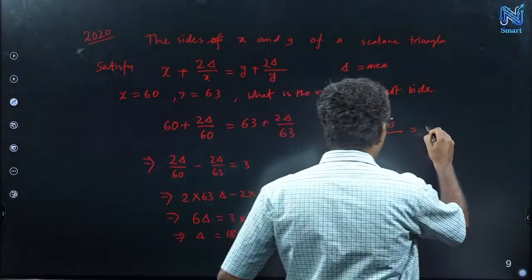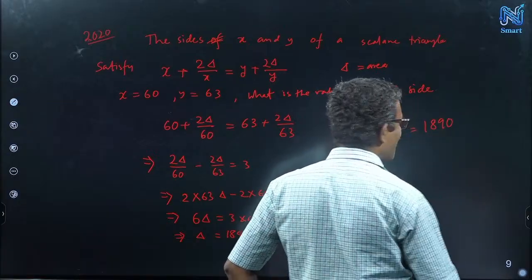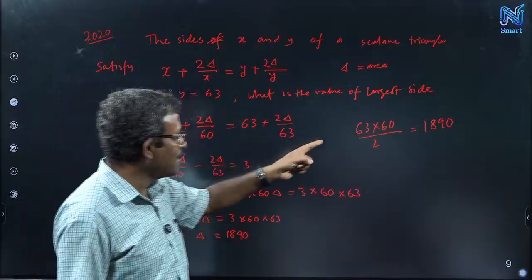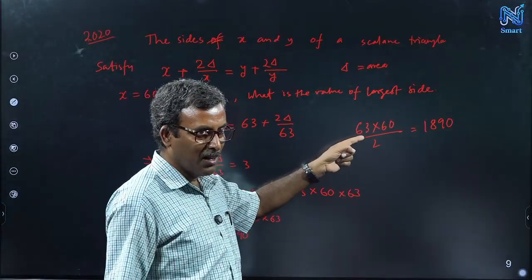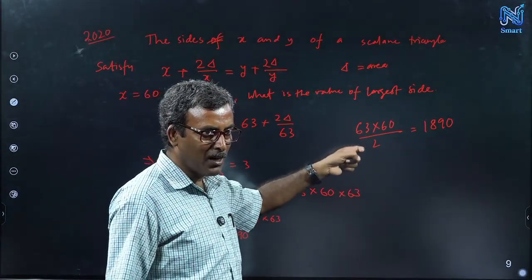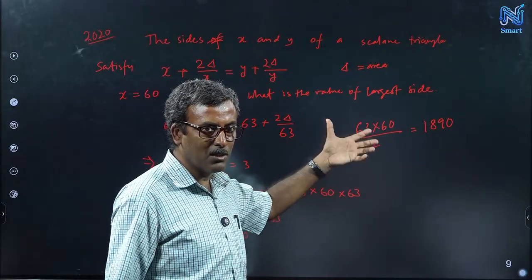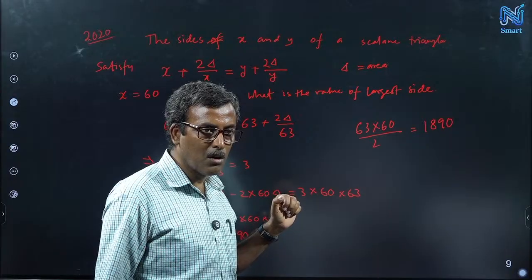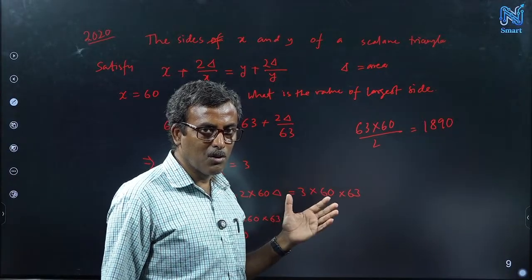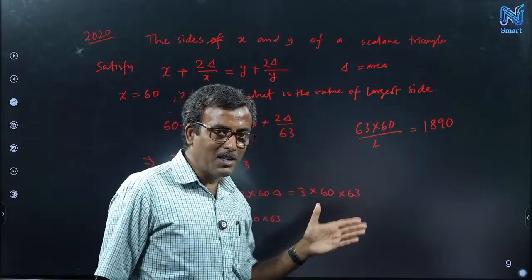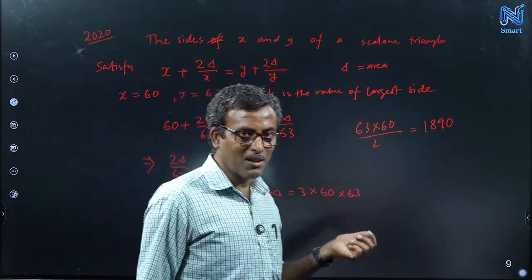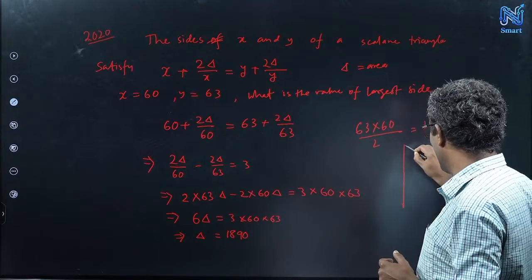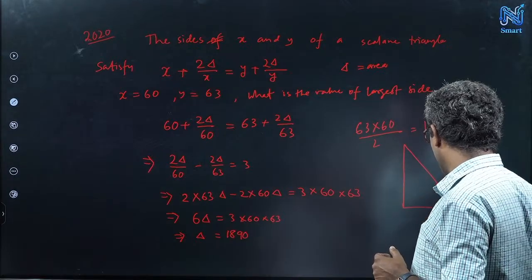So same. That means what? One side is 60, another side is 63, and the area is the product of these two sides by 2. That is the area. Then what is the meaning of that? Correct, it is a right angle triangle. It must be a right angle triangle.